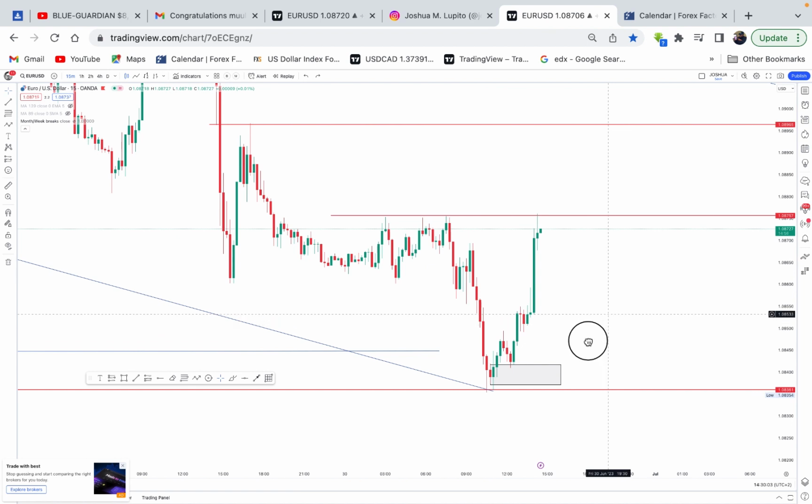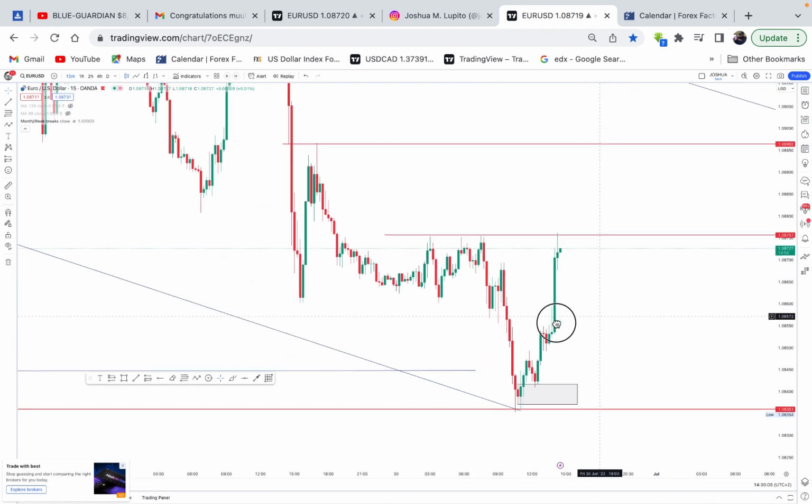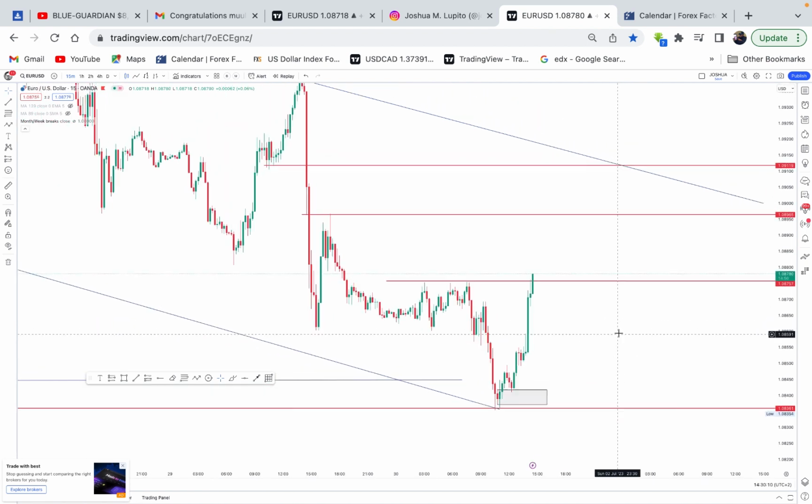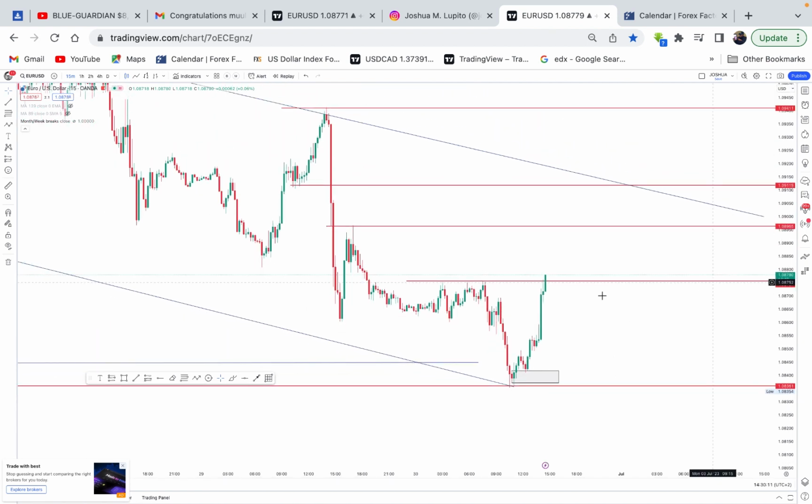So this was my EURUSD analysis as well. So from there, we can still see EURUSD push to the upside, because our major selling point is looking out for this resisting trend line here.